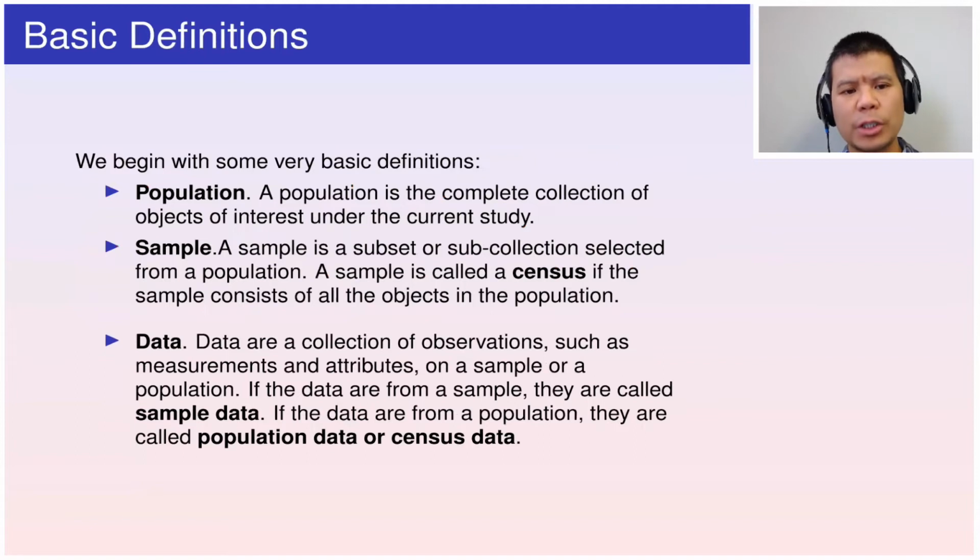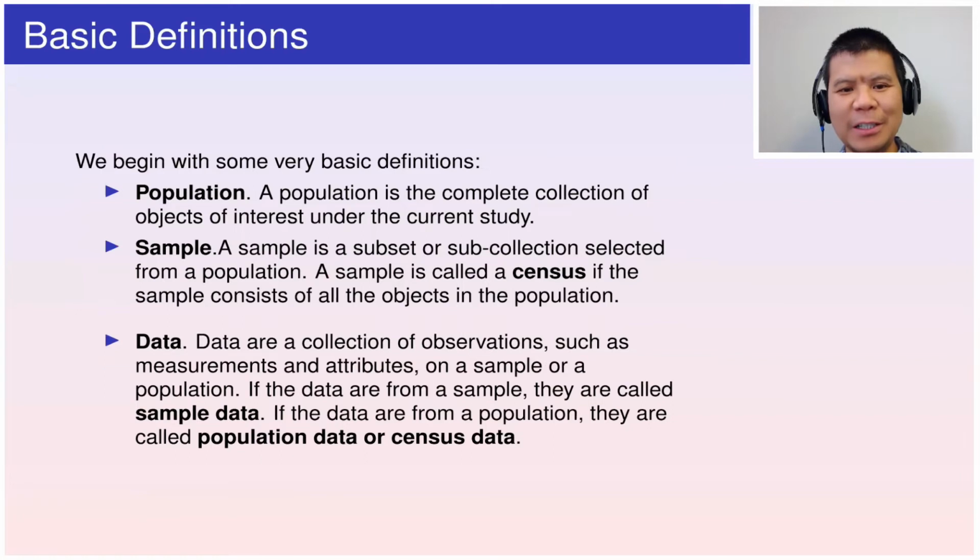Now, we begin with some very basic definitions. Firstly, we talk about the population. What is a population? This population is not a number of human beings in a certain area or region. Here the population is a statistical concept.